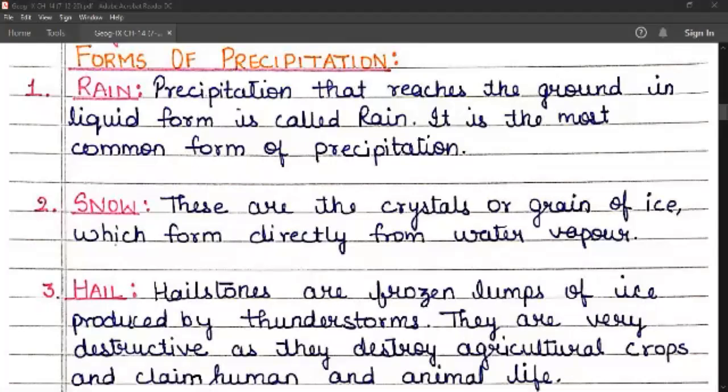These are the crystals or grains of ice which form directly from water vapor. Number 3, hail. Hailstones are frozen lumps of ice produced by thunderstorms. They are very destructive as they destroy agricultural crops and claim human and animal life.